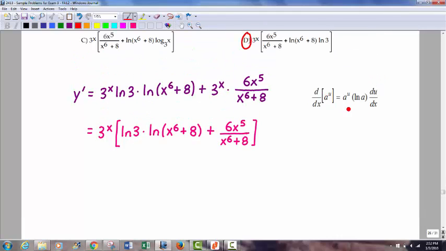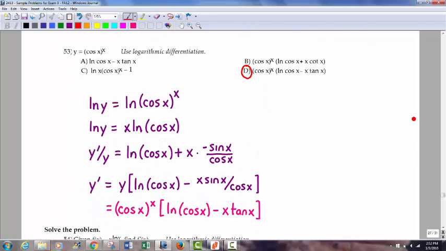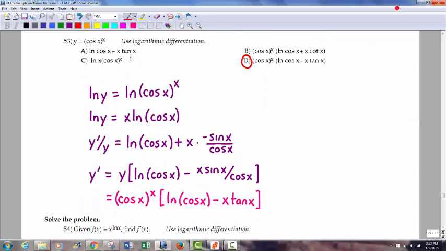When you have a variable in your base and a number in your exponent, that's just your power rule when you take a derivative. But when you have variables in both places, you have to use this technique of logarithmic differentiation, which always involves the first step of natural log on both sides. And what the natural log does is that brings down your exponent by log properties. That comes down.